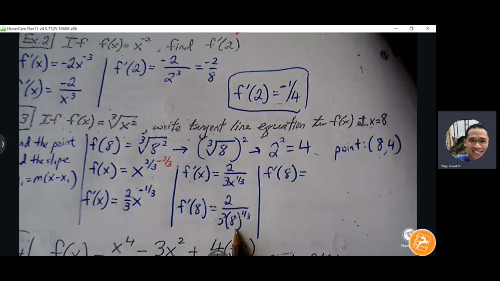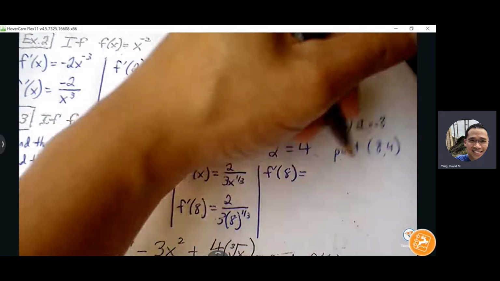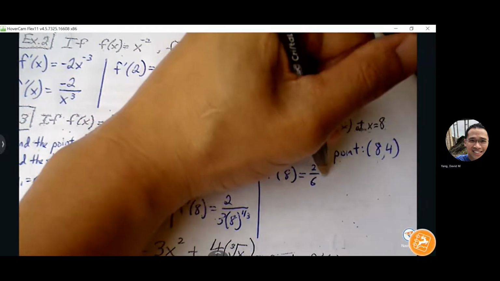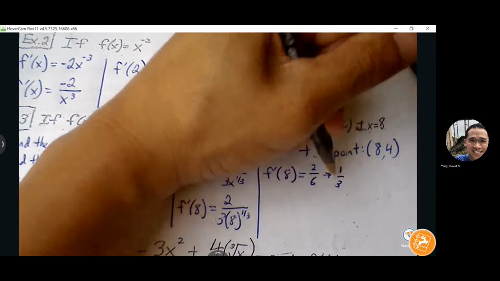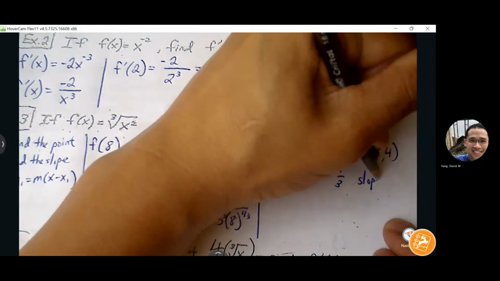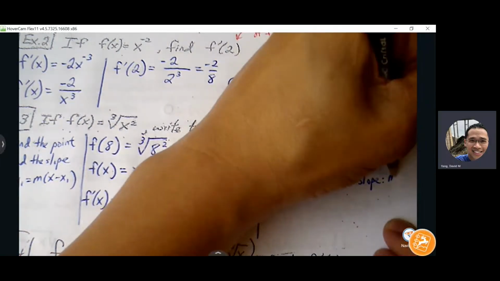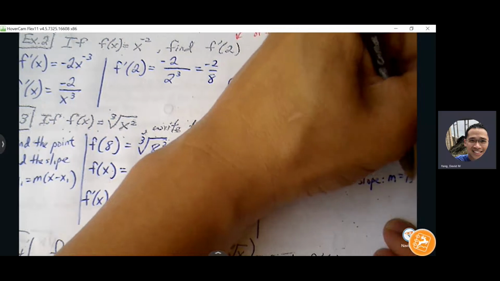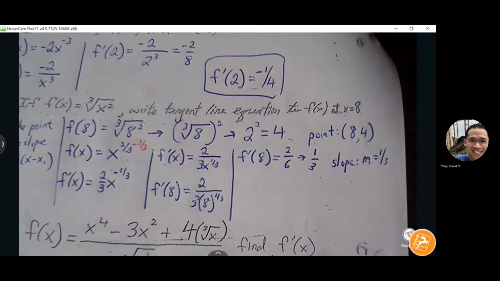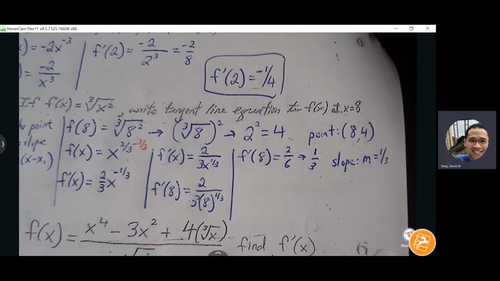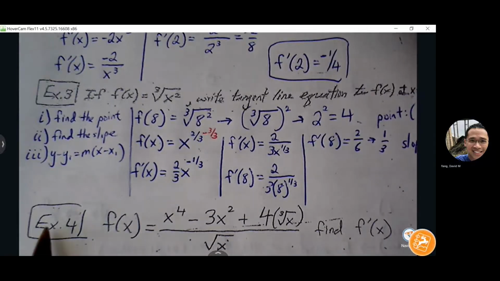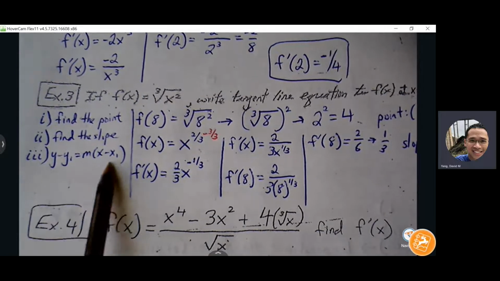So 2 over 3 times 2, 2 over 6. And reduce to 1/3. That's my steepness, that's my slope at that point. Okay, I have my ordered pair, I have my slope. Now I can just put it into point slope form.